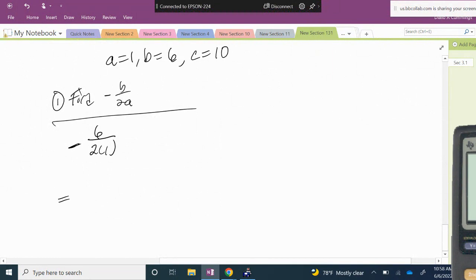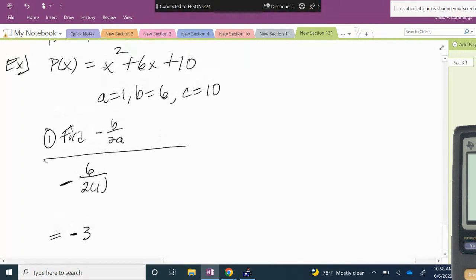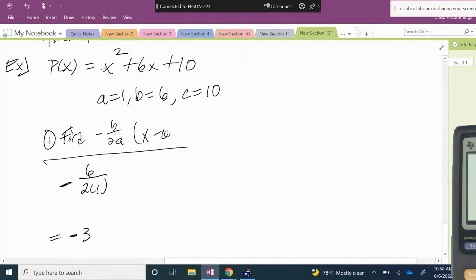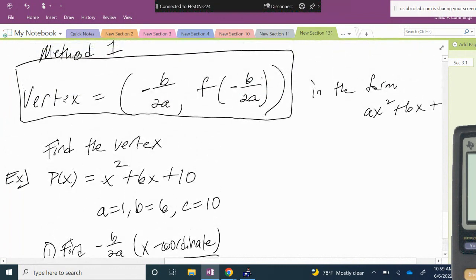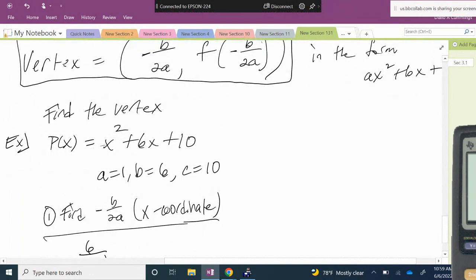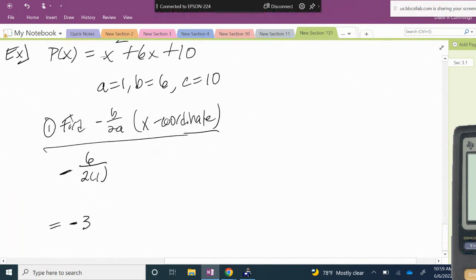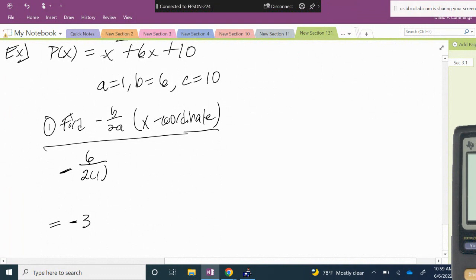So I have negative 3. That is the x coordinate of the vertex. I just used the first half of the vertex formula, negative b over 2a, substituted 6 for b and 1 for a, simplified it, and got negative 3.